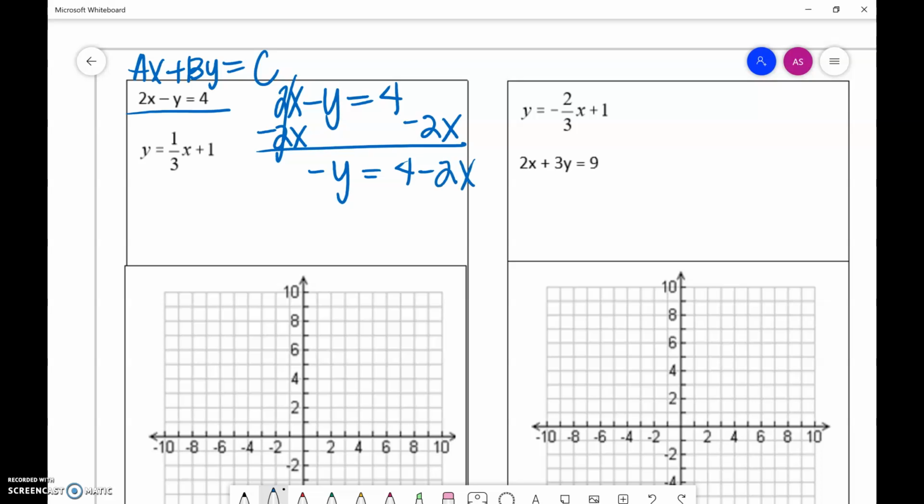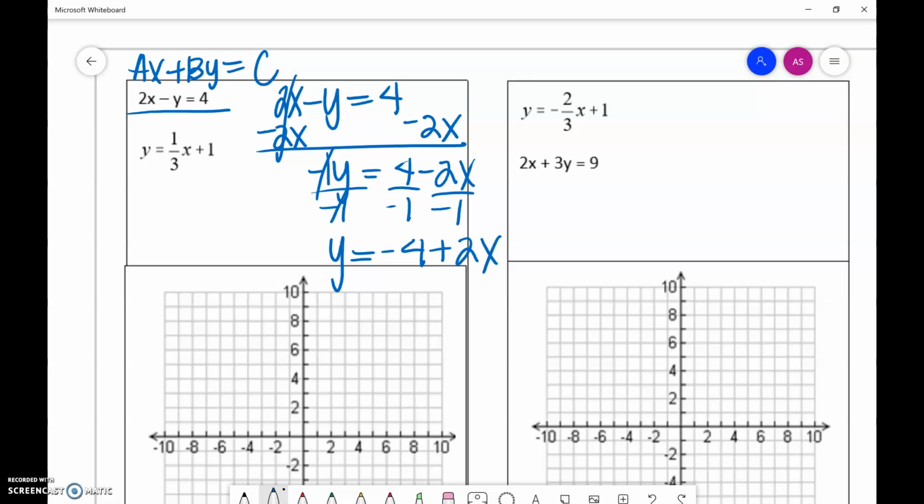Now notice I have negative y, so I've got to divide by -1. If you need to add that imaginary 1 in, go ahead and do that. So I'm going to divide both sides by -1, and my answer will be y equals -4 plus 2x.